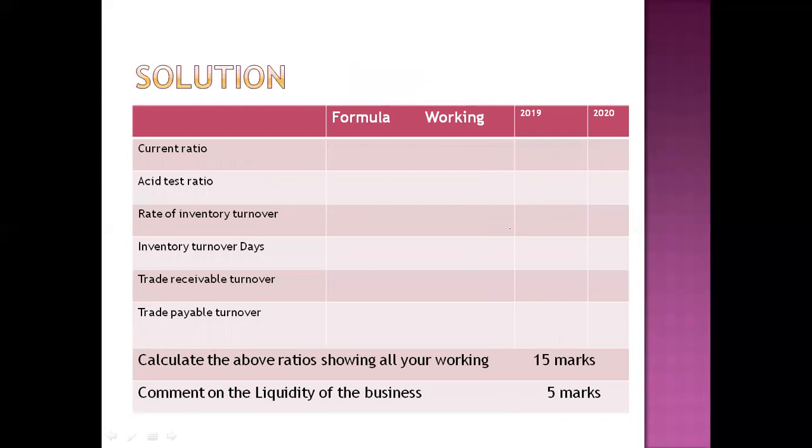What are you supposed to do? You are supposed to state the formula. In the first column, you state the formula. What is the formula for current ratio? Current ratio is total current assets over current liabilities. Then you need to show the working. You pick your total current assets in this question.